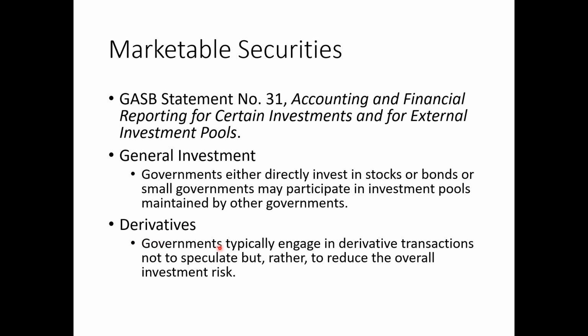Derivatives. Governments typically engage in derivative transactions, not to speculate, but rather to reduce the overall investment risk. Derivatives could be a very useful tool to mitigate risk, basically reduce overall investment risk, but in reality, derivatives could be very risky by themselves.